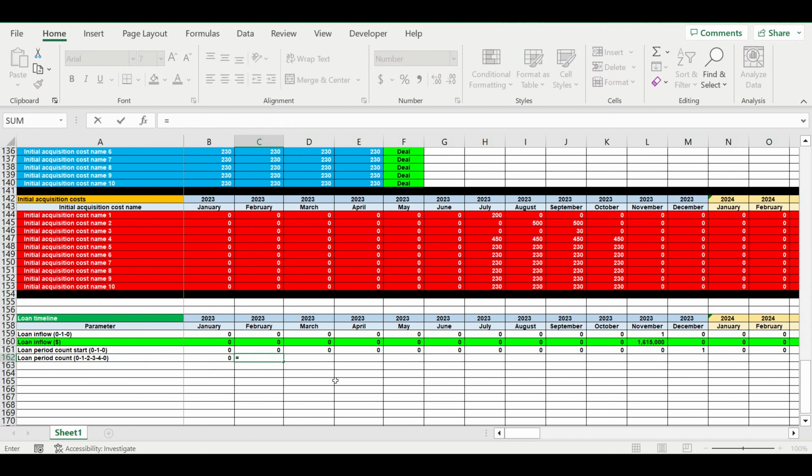If this value equals 0 and this one equals 0, then we will put 0, otherwise, if this is more than 0, then we will place 1.